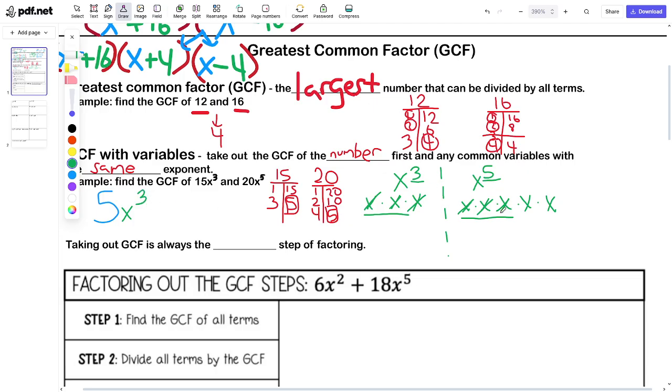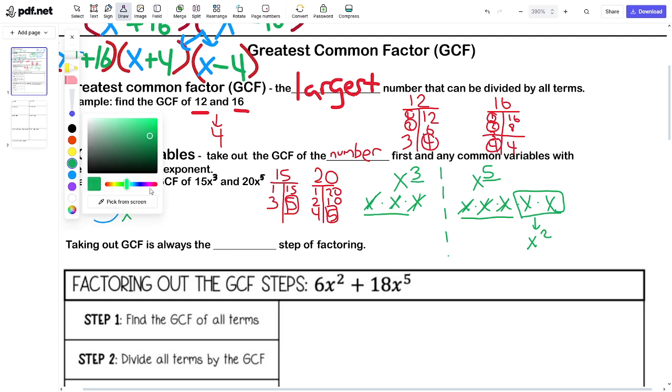And then let's find out what's left. So we take x cubed out of x to the 5th power. How many x's are left? Well, 2 of them. So when we take all this out, and what we're going to be doing a lot of today, is you need to rewrite the 2 numbers by taking this out of them.